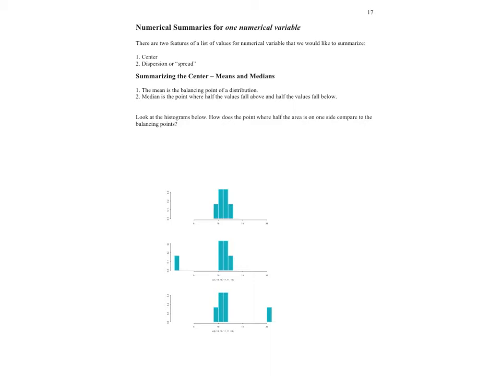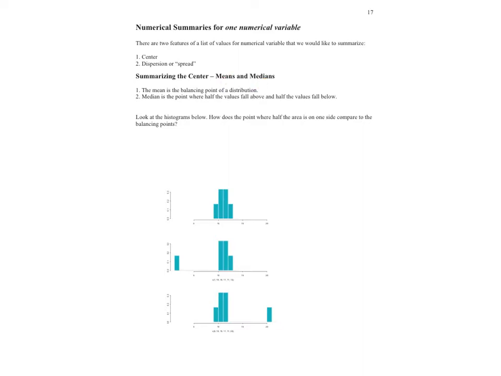Another way to think about the center would be, if half the values are on one side of a point and half the values are on the other side, then that's the center. The median is the point where half the values fall above and half fall below. So we have two ways to describe the center of a list of numbers: the mean and the median.